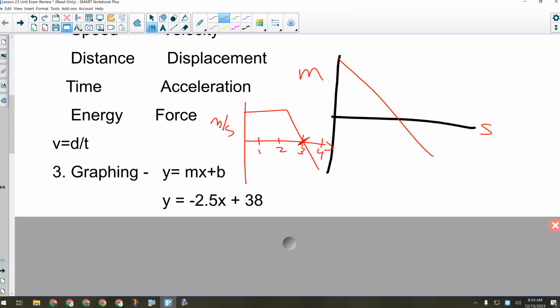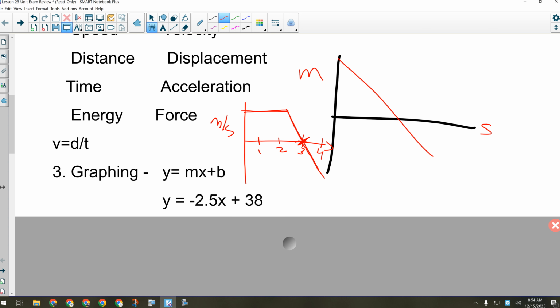Right there. That's where it changes direction. It is traveling forwards here and here. Then its velocity becomes 0 for an instant, and then it starts to travel backwards.